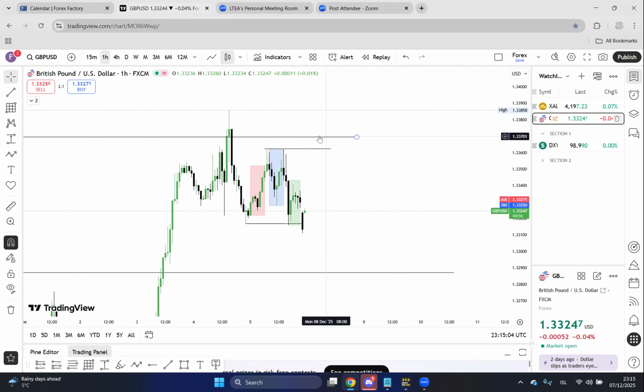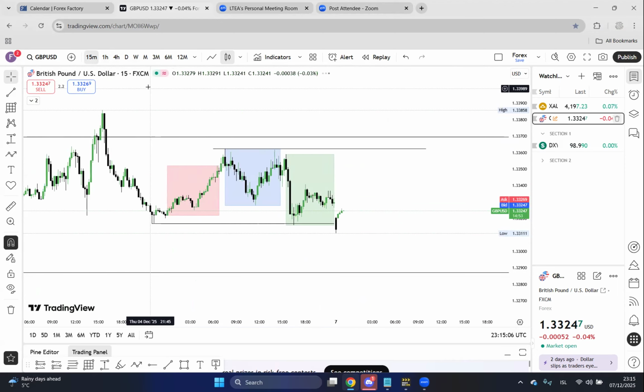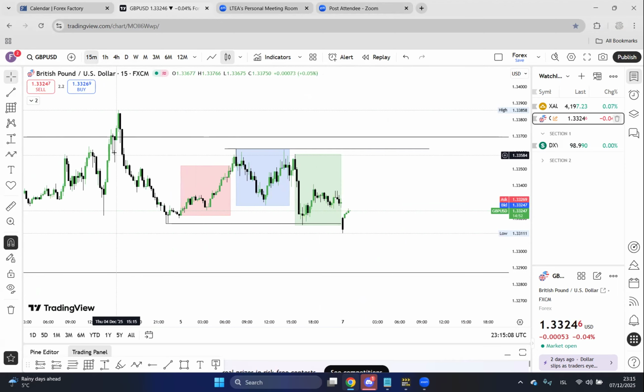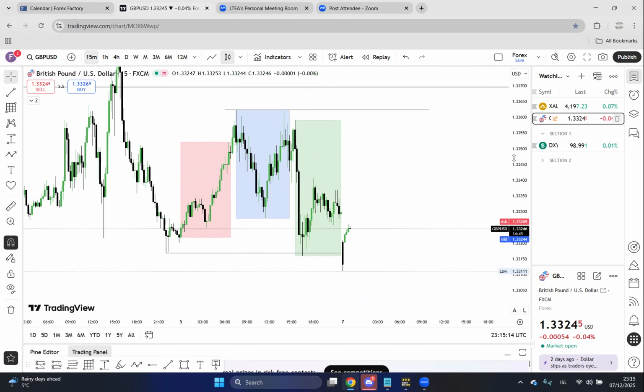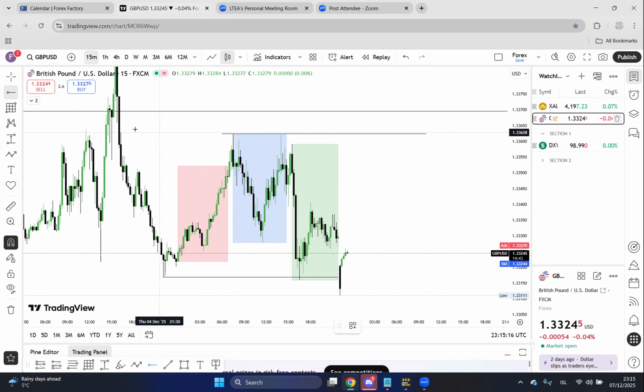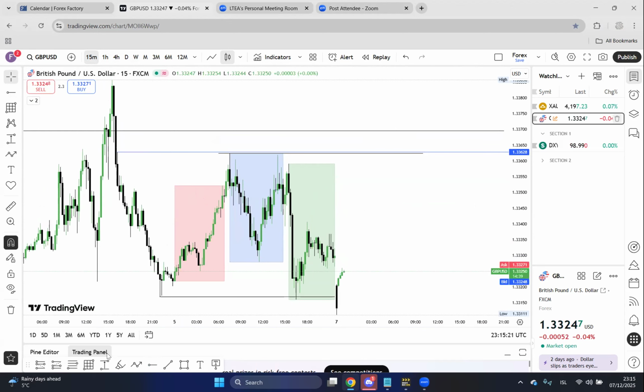But I would like price to reach this level before we buy. So around this level, what do we have? We have an inefficiency that has not been filled. Right here, we haven't filled this inefficiency. And we also have this level.